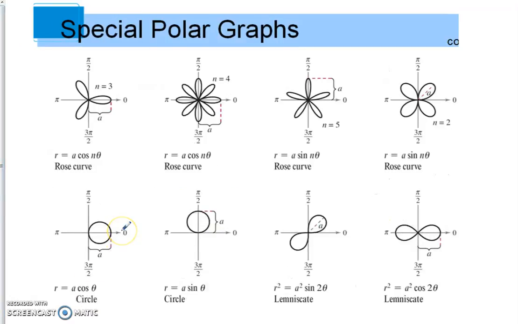Okay, we've got some cool ones here as well. I want you to see these rose curves, which are fun. You can make them on your calculator, and I'll show you in just a sec. Notice here, if n is odd, it will have n petals. If n is even, this n value right here, if it's even, it'll have 2n petals.